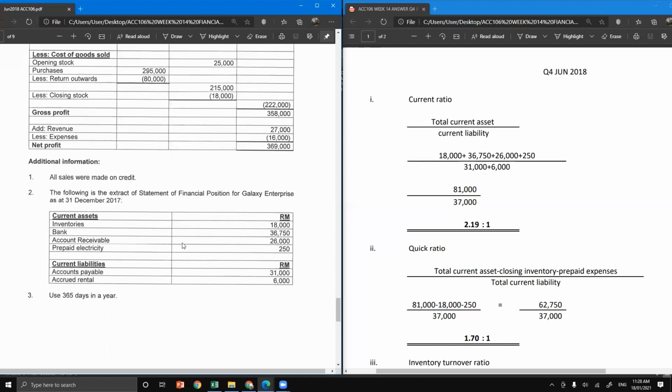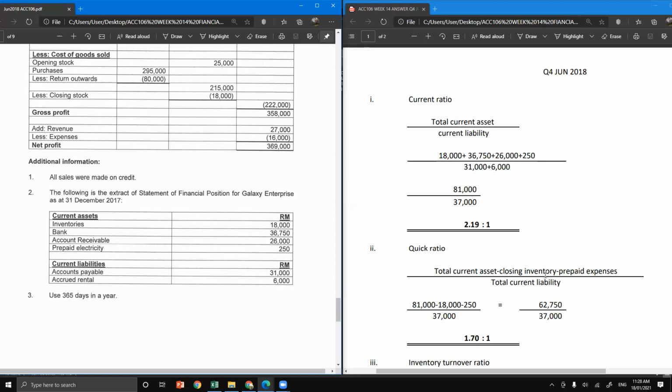Closing inventory from additional information 2 is 18,000, and prepaid electricity, or prepaid expenses, is 250 ringgit. You need to divide this amount by the total current liabilities of 37,000, which is 31,000 accounts payable plus accrued rental 6,000.